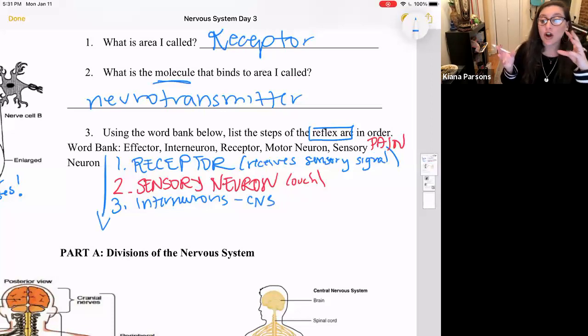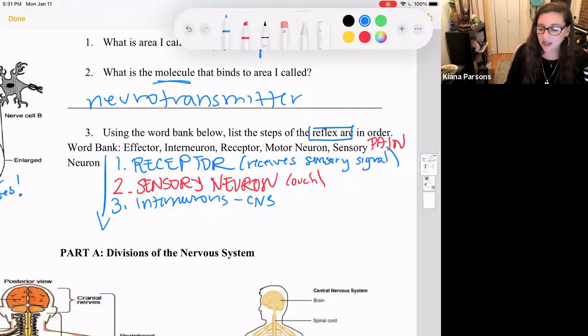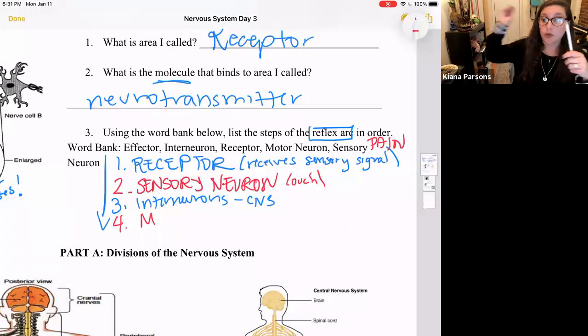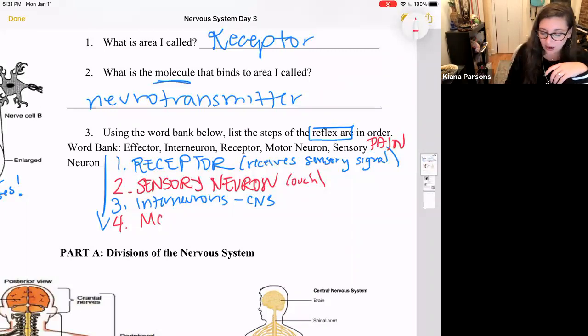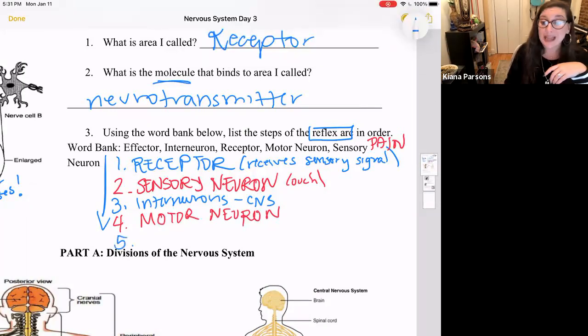But those interneurons, they're between the sensory neurons and the motor neurons that are actually going to move my hand off the hot stove. So the motor neurons activate motion, and then finally, the effector affects the action.